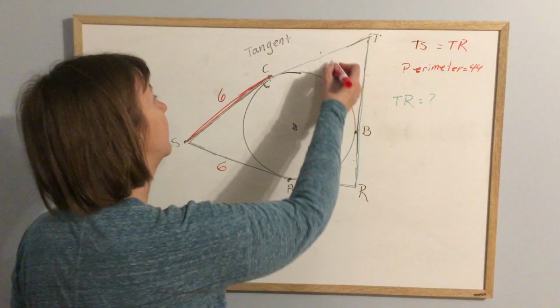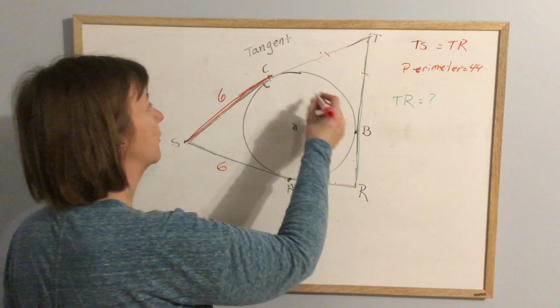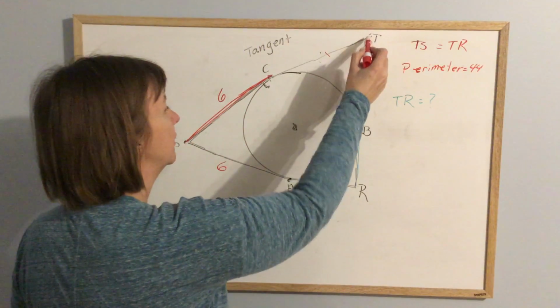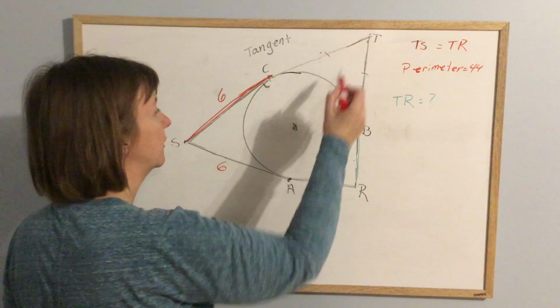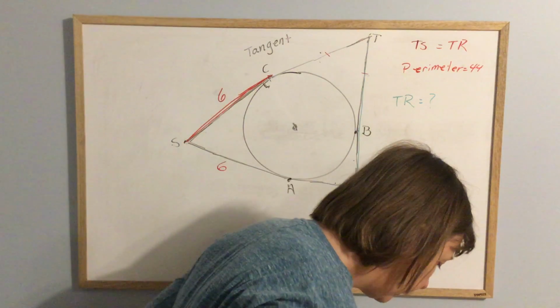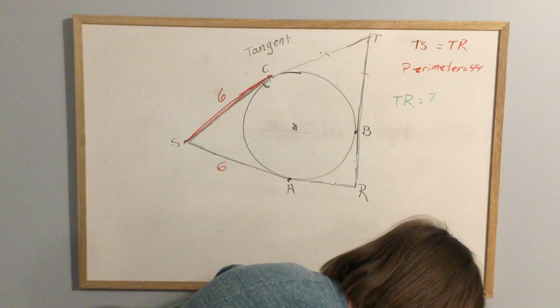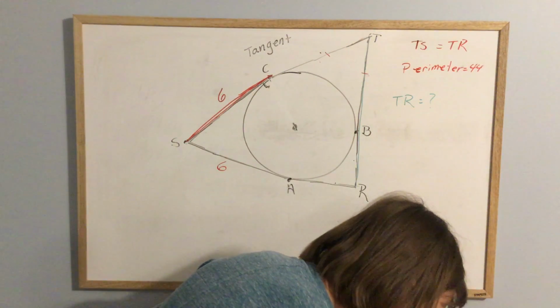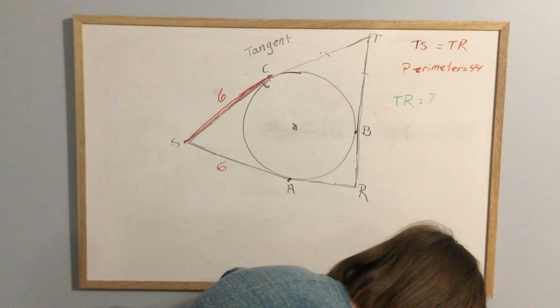Also, we know that whatever this is, because again, tangent point to here, tangent point to here. So we know that that has to be true. I'm just trying to go through their logic here.